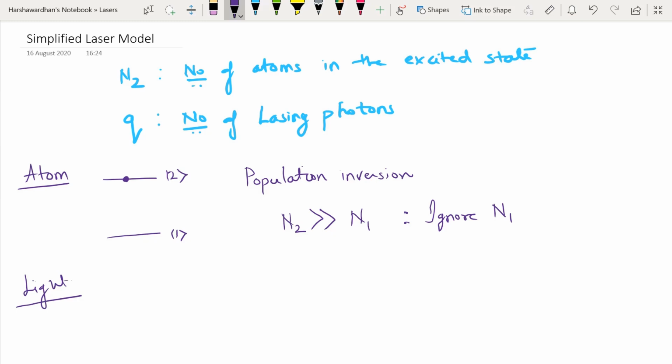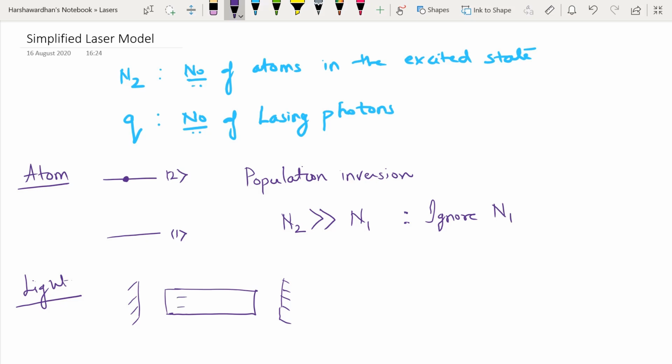So what we have done is we have chosen a cavity which is represented in terms of these two mirrors, and within this cavity there are our active atoms.